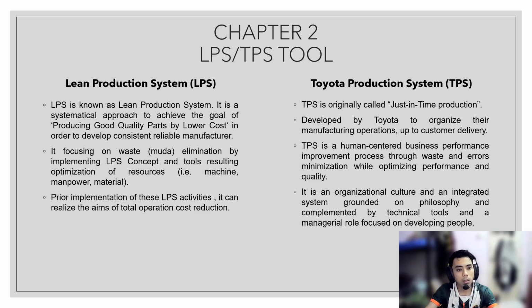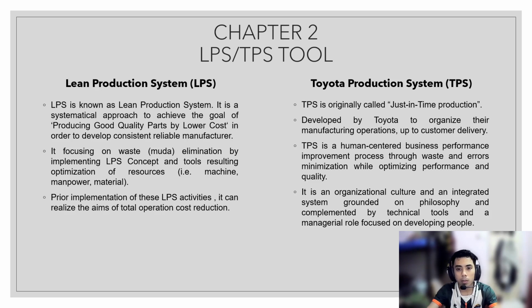Focusing on waste elimination by implementing LPS concepts and tools results in optimization of resources, for example machine, manpower and material. Prior implementation of these LPS activities can realize the aim of total operation cost reduction.